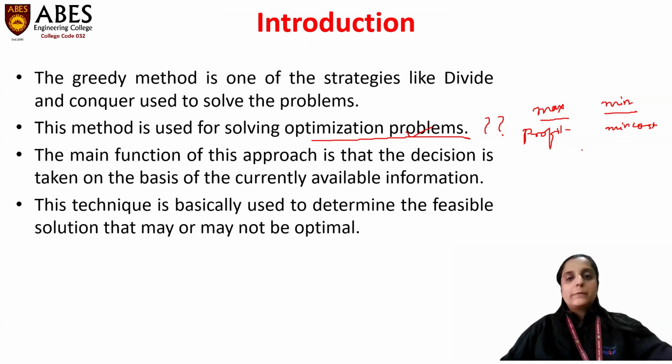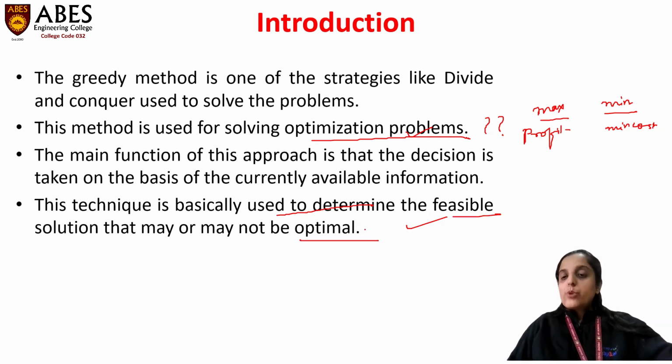For now, we only have to focus on understanding what optimization is: something minimum or something maximum that you want to achieve at the end. Now, it is said that this technique is basically used to determine the feasible solution that may or may not be optimal. Again, two words come to mind: what is feasible and what is optimal?